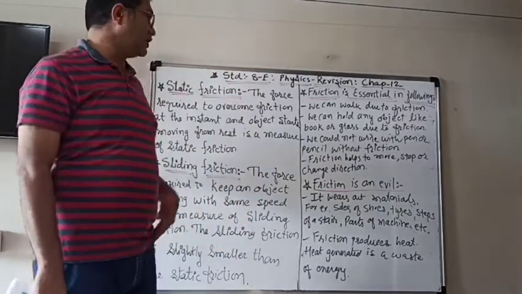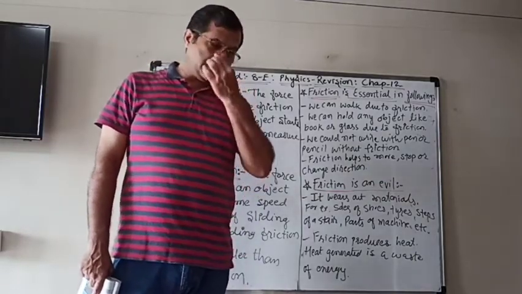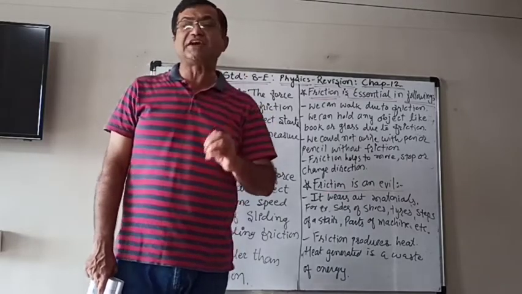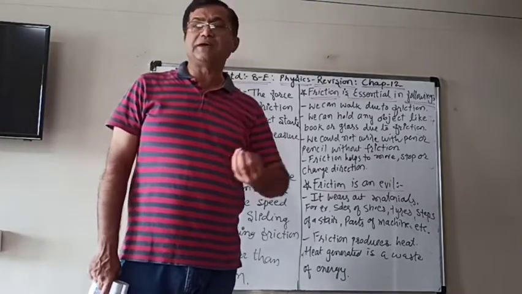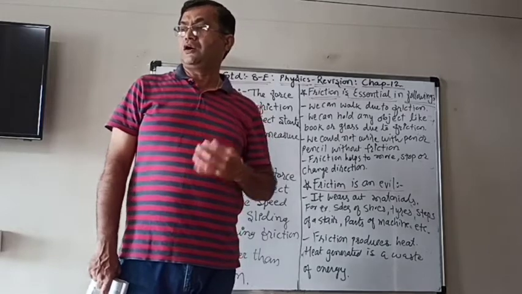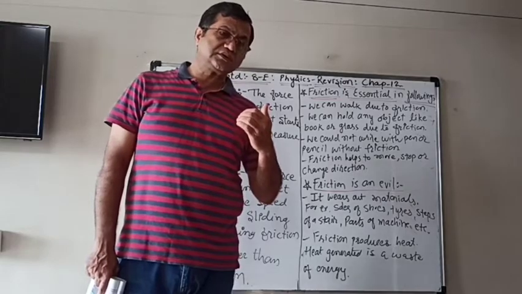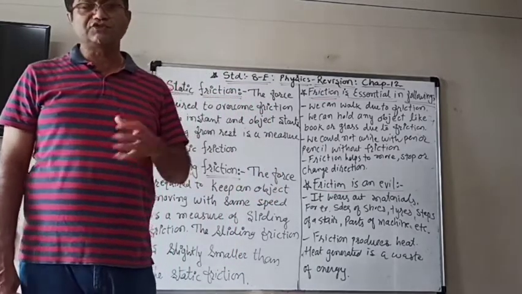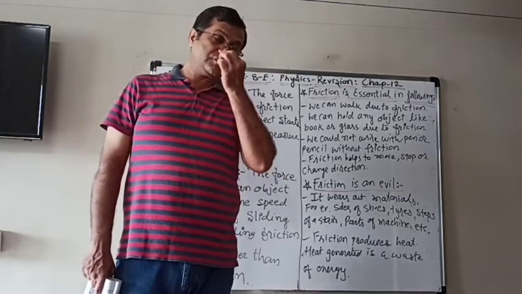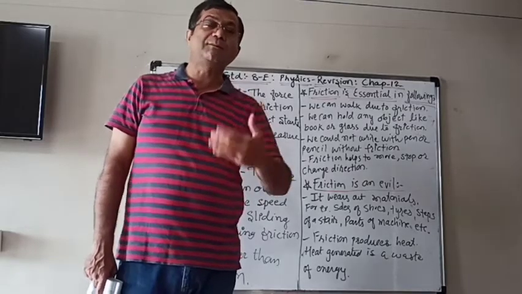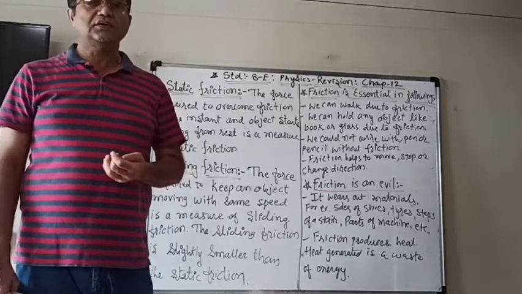First of all is static friction. When an object is at rest, like a table or a chair, if we want to keep it in motion, meaning from rest we want to move it, then we need to apply a force which can overcome the friction.